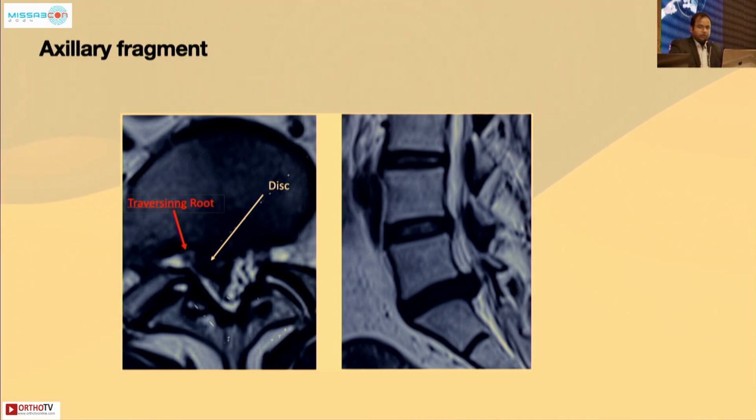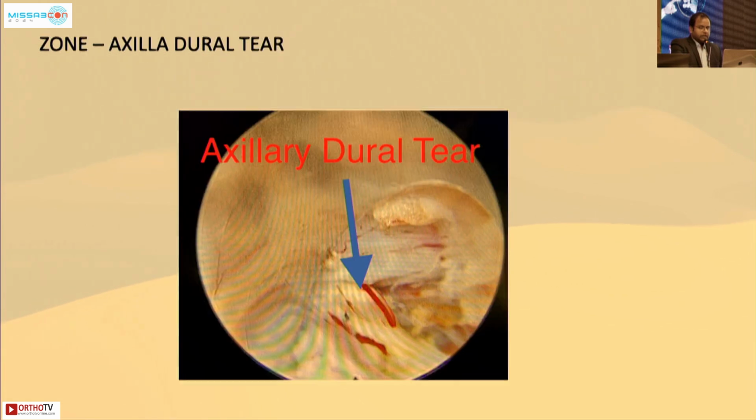Otherwise, it may lead to dural tears. In this particular case, the axillary fragment was identified in the pre-op itself and then tackled. But as I said, in the axilla there was a dural tear, which was because of the dissector.